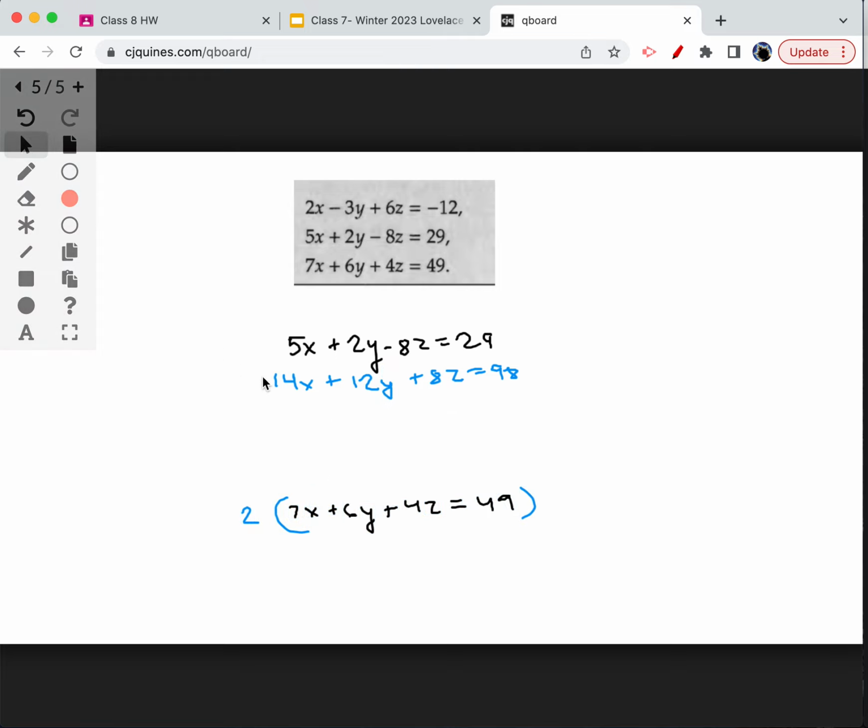Now let's add these two equations. You should get 19x plus 14y is equal to 127.